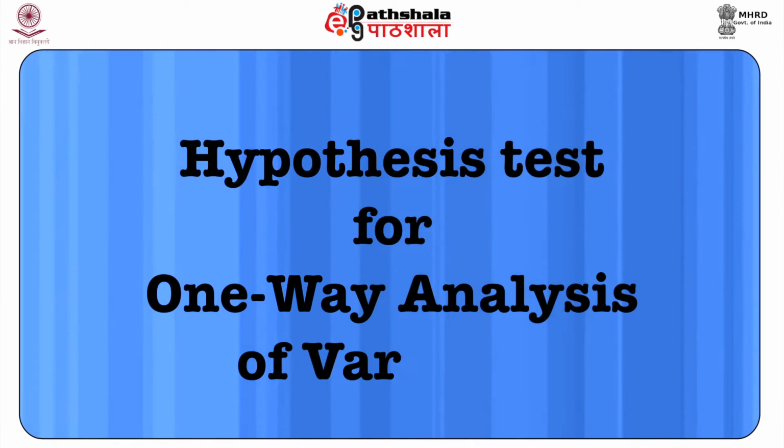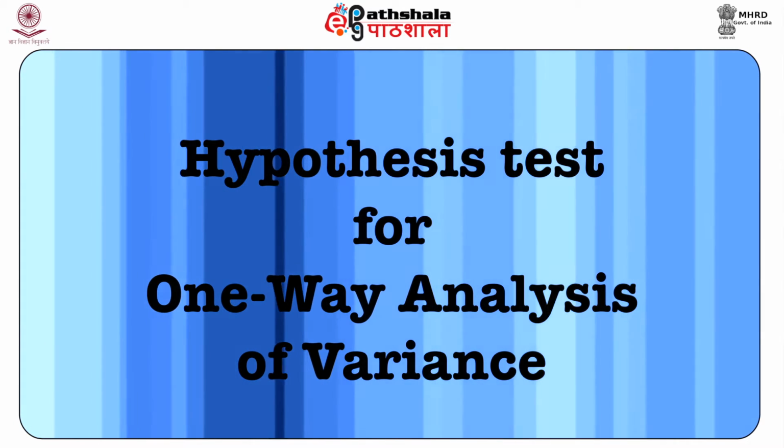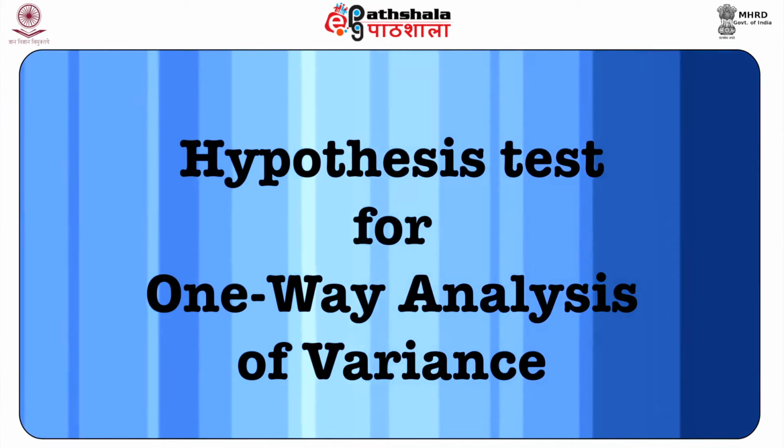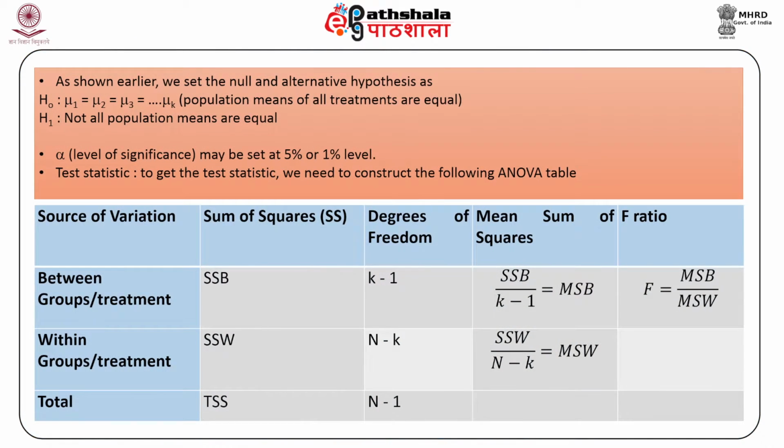Let's now understand the hypothesis test for one-way analysis of variance. As shown earlier, we set the null and alternative hypotheses as H naught: mu1 equal to mu2 equal to mu3 and so on up to mu k, which means population means of all treatments are equal, and our alternative hypothesis, now I am sure you can also make out, will be: not all population means are equal.